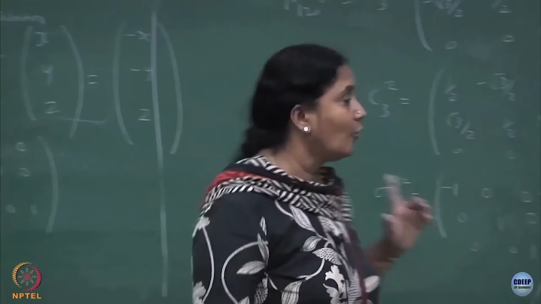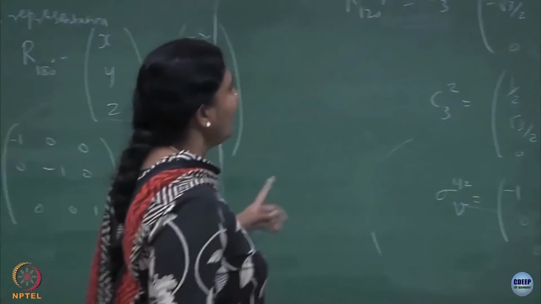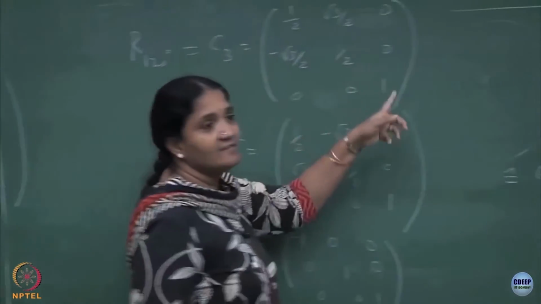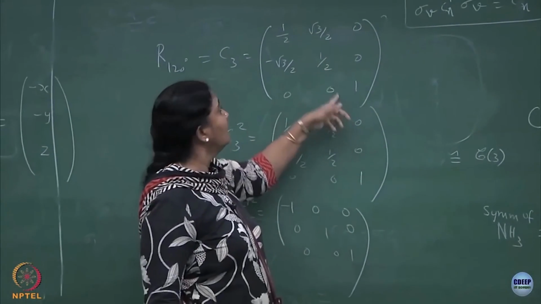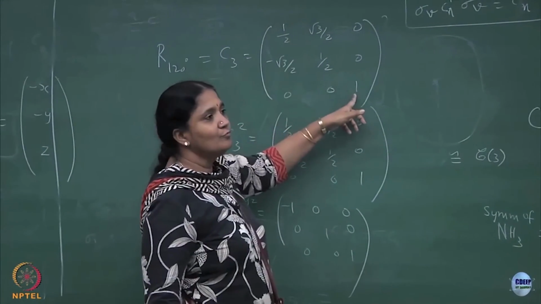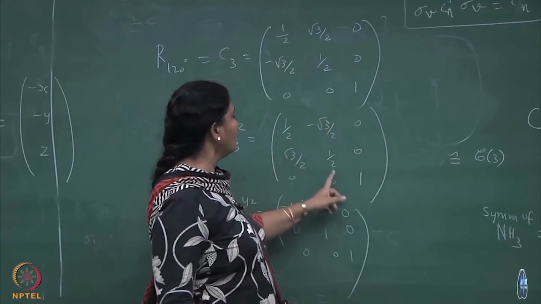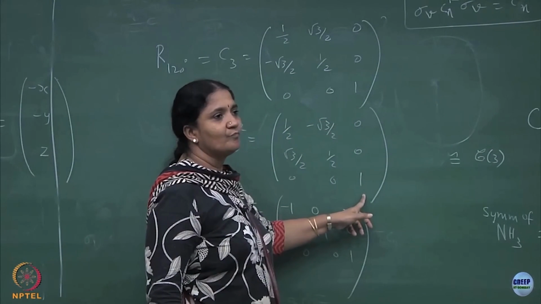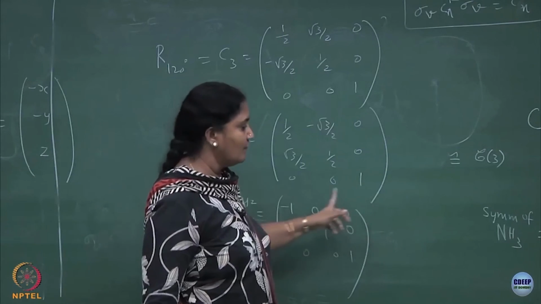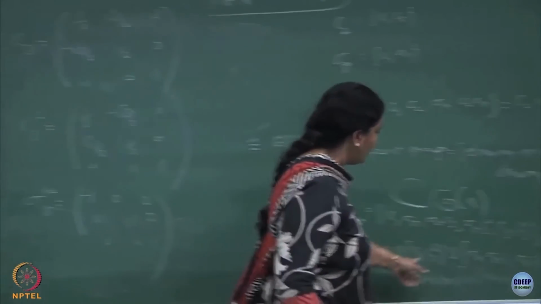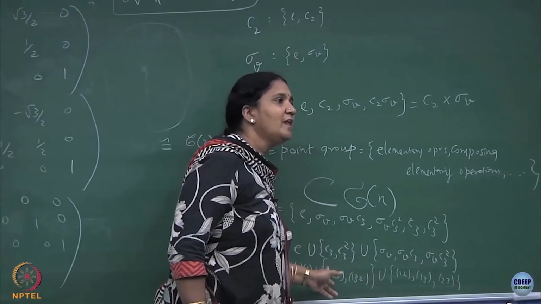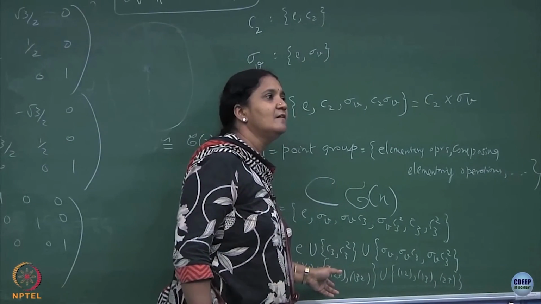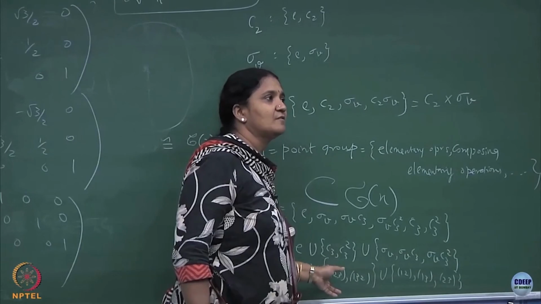Other thing you have to also realize is, if you take the trace of this matrix, this is 2, right, this one is also 2. Right. These two are conjugate elements. Conjugate elements will share the symmetries.